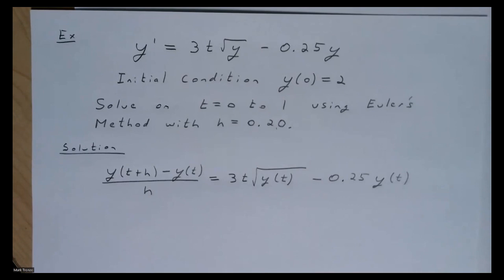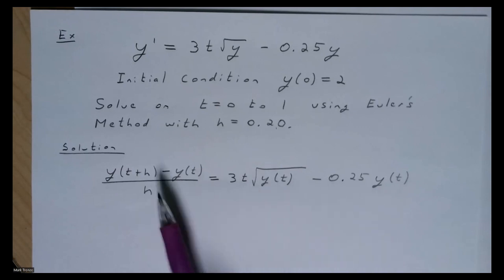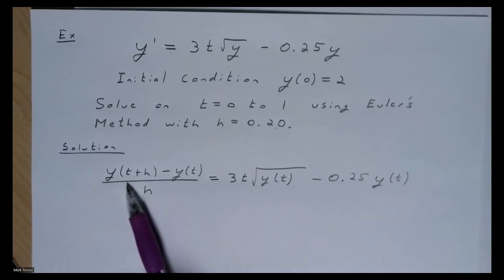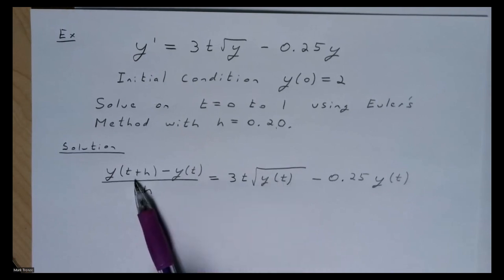Now notice when we set the equation up originally, the only term that will have a t plus h is going to be this term right here. Everything else will be just a t. And so this side is going to be one step ahead of everything else. So let's solve for y(t plus h).